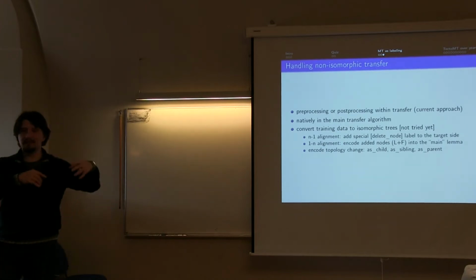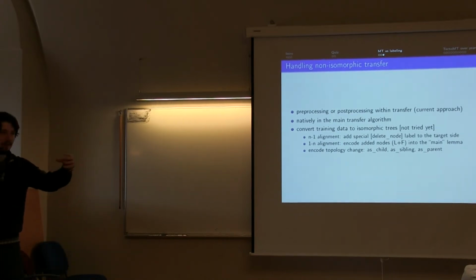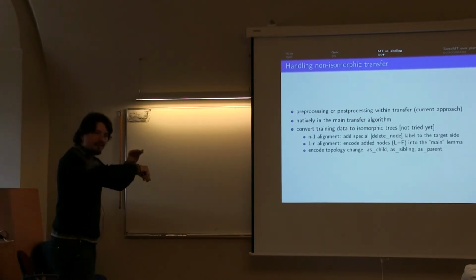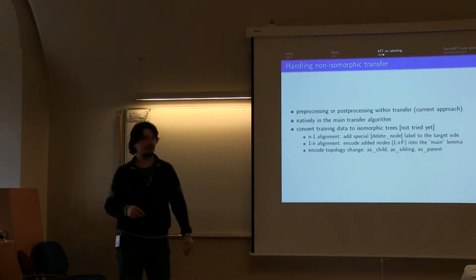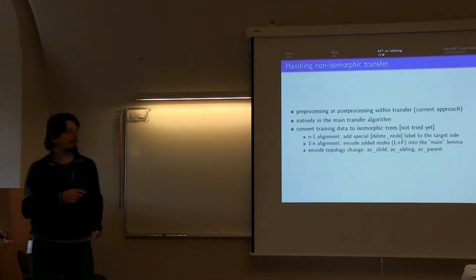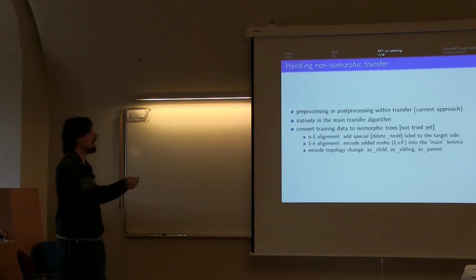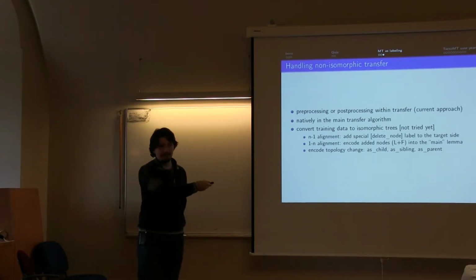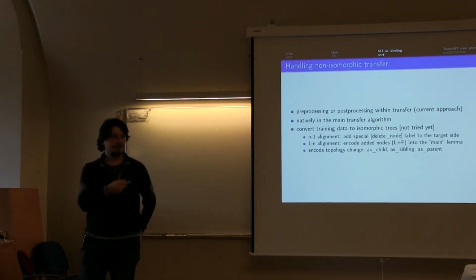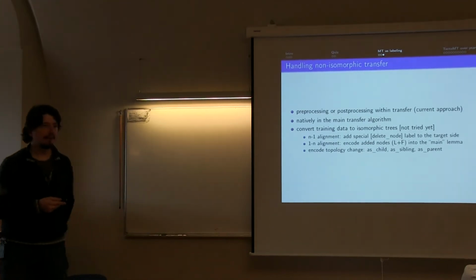So somehow the non-isomorphism will be local only within small treelets, so from the big picture it will still be isomorphic. So I think this is also a good idea, because this allows me to use some algorithms which are only for the isomorphic transfer, and I want to try this.